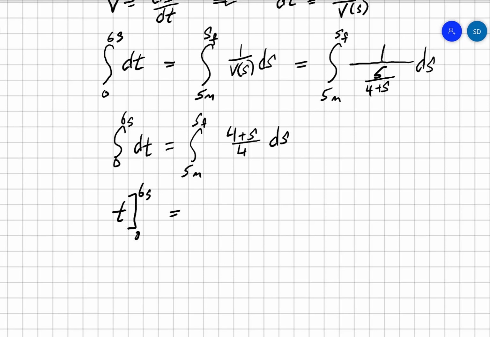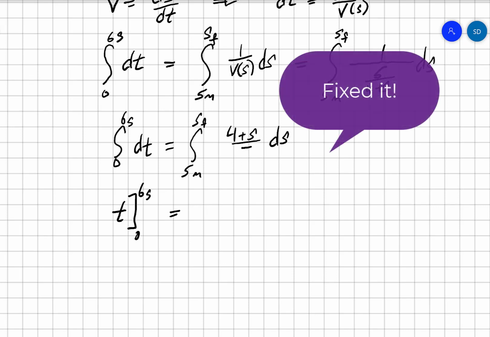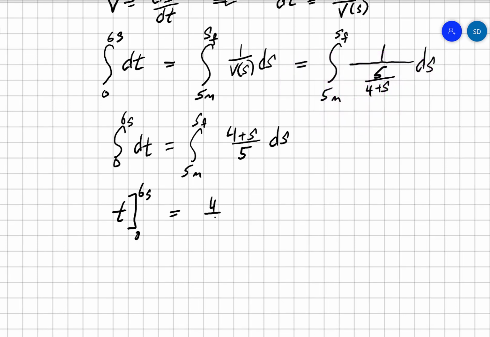And on the right-hand side, this is a 5, and we are going to have 4/5 s plus 1 over 5 times 1/2 s squared, and this is going to be evaluated between s final and 5 meters.